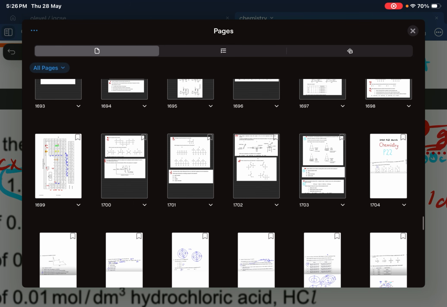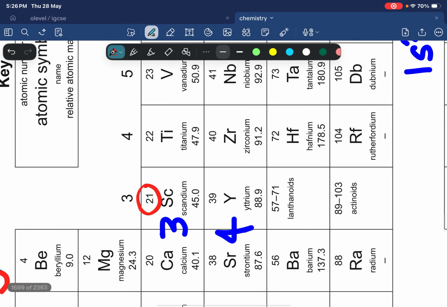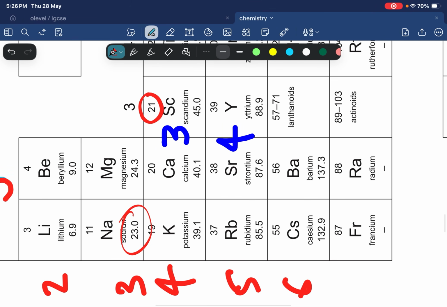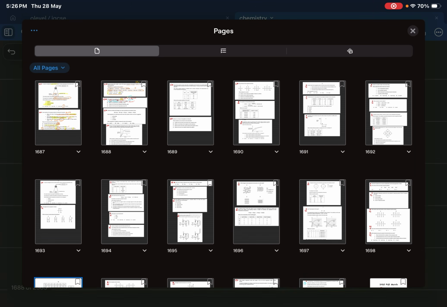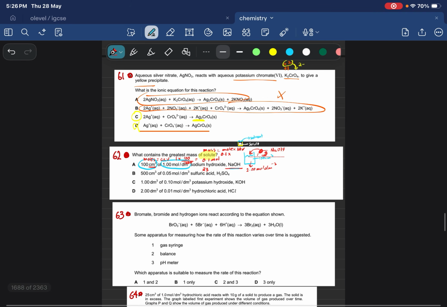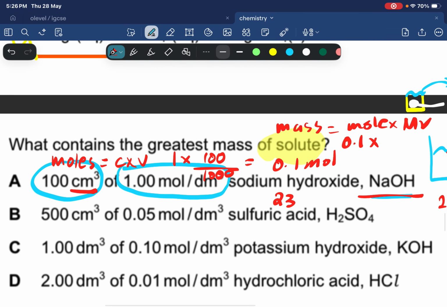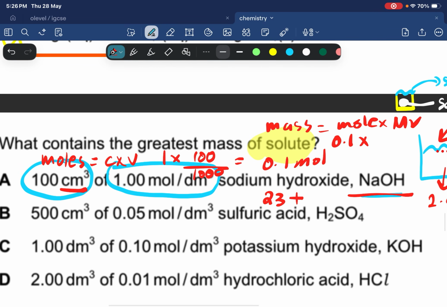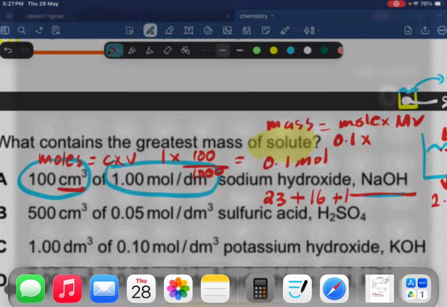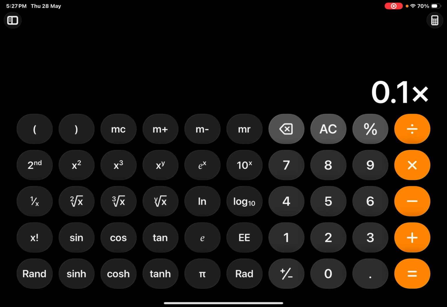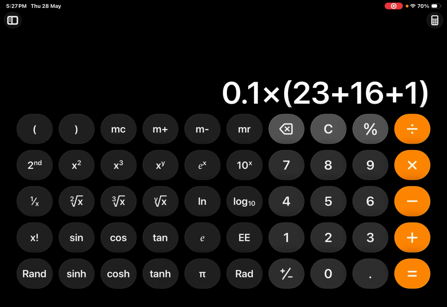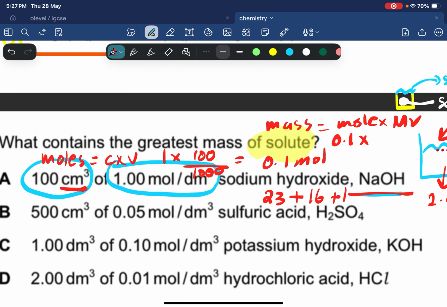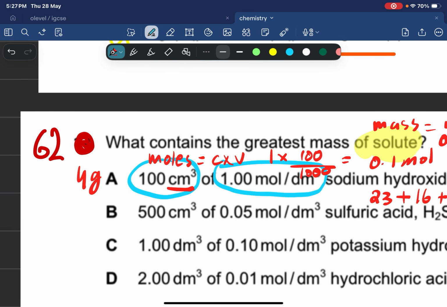Okay, 23. So I get the Mr as 23 plus 16 for oxygen and 1 for hydrogen. So 0.1 times (23 plus 16 plus 1), moles times the Mr. That gives me 4 grams for option A.